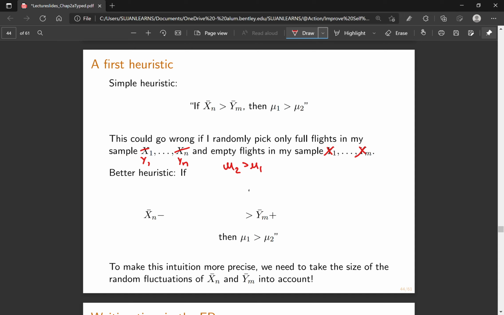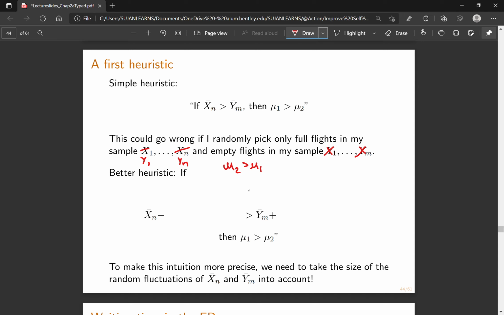To deal with this kind of variation, these fluctuations in sampling, we need to have some error margin or buffer. Specifically, how do we do this? We'll subtract and add the buffer on both sides of the equation.